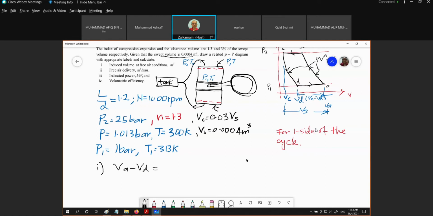We might have this VA minus VD in terms of VS, right? Remember? We need to know this. Why do we need to put it in terms of VS? Because the VS is given.